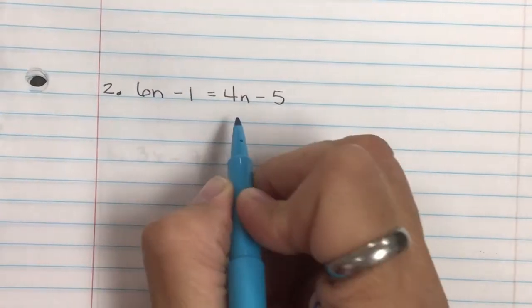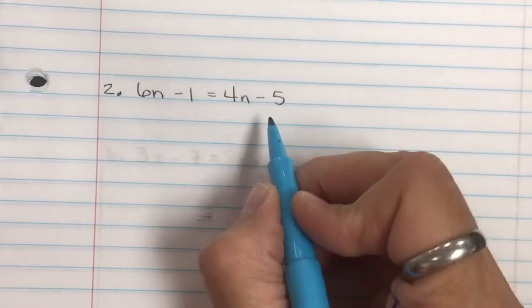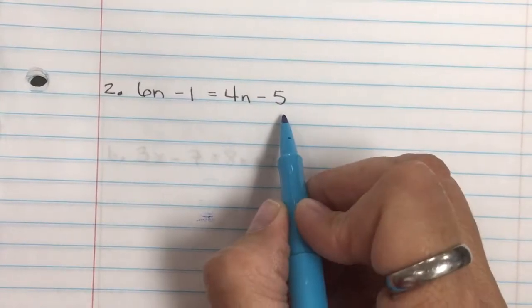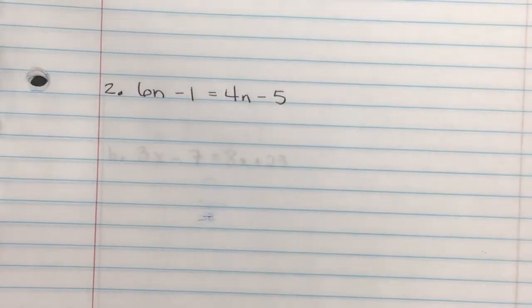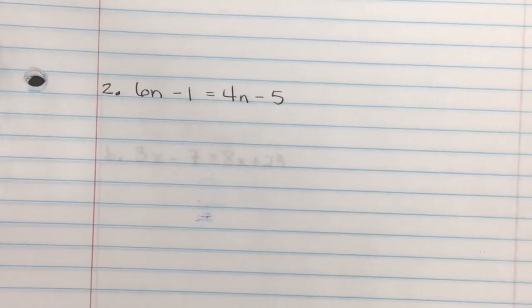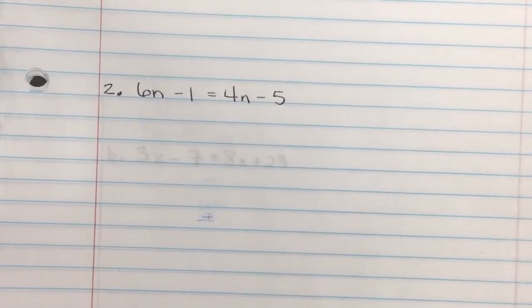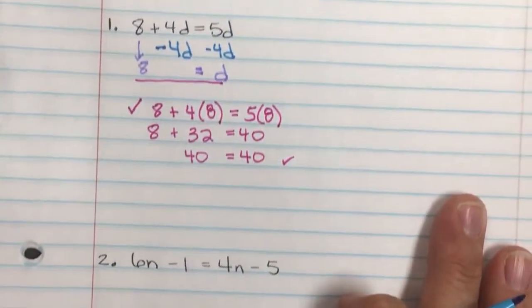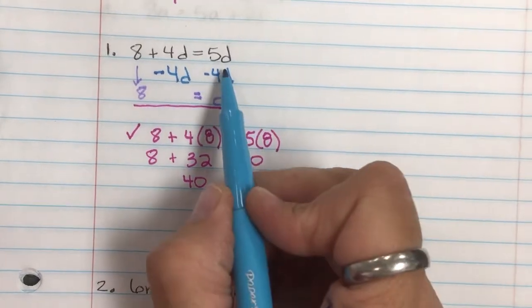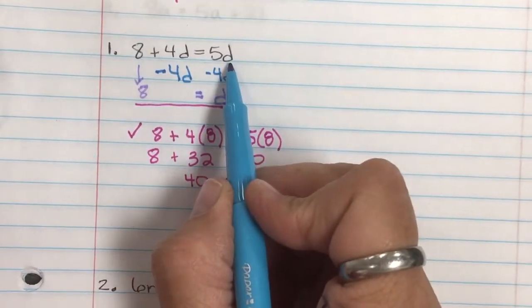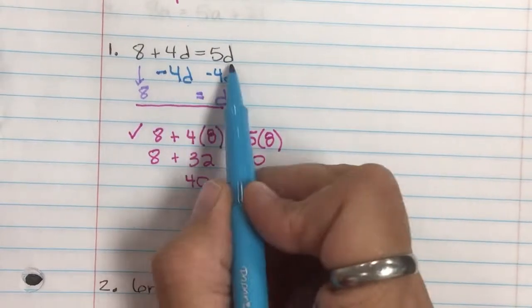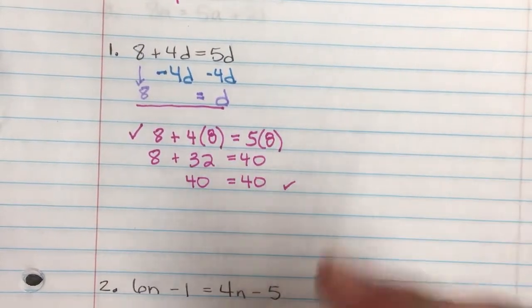Now, if you notice on this one, I have variables on both sides, but I also have constants on both sides. So I personally like to move the variables first. Now on this one up above, I didn't go over this at first, but why did I move the 4d instead of the 5d? Well, this is all by itself, so that's why I moved it over to the other side.